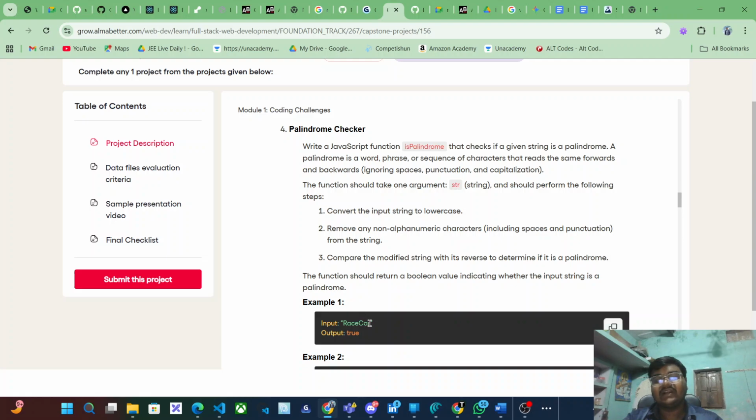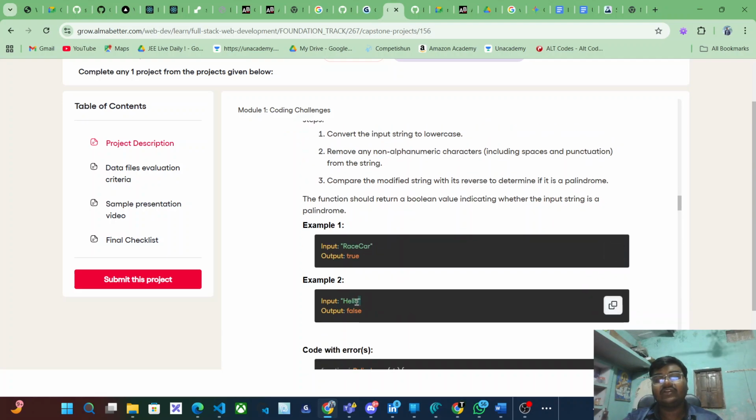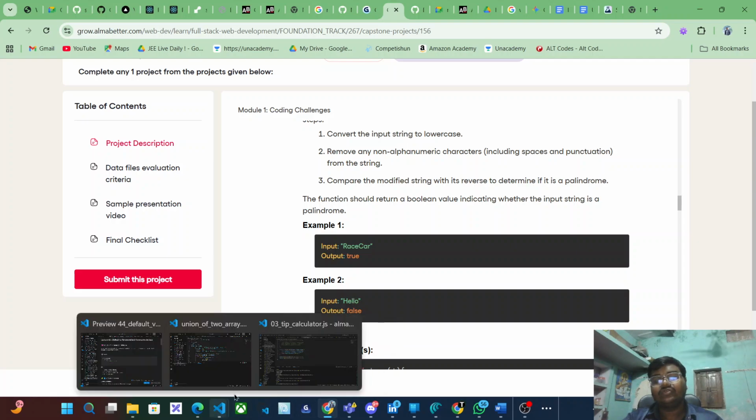For example, racecar, and when we reverse it, it's actually racecar, so it's true. But in the case of hello, when reversing that word, we do not get the exact same string. Let's come to the solution.